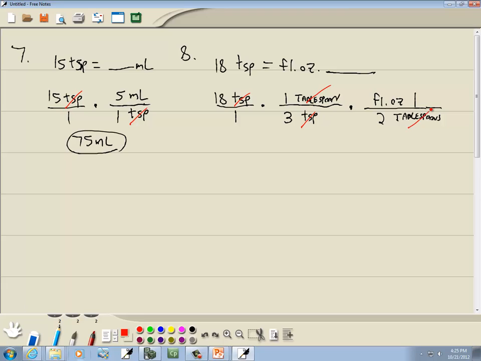This tablespoon cancels that tablespoon. Multiply across the top, we got 18 times 1 times 1, which gives us 18 fluid ounces. The bottom, 1 times 3 is 3, times 2 is 6. So then that gives us 3 fluid ounces.